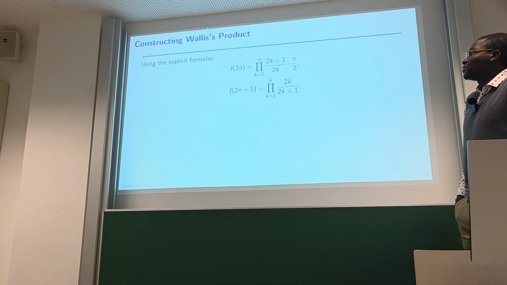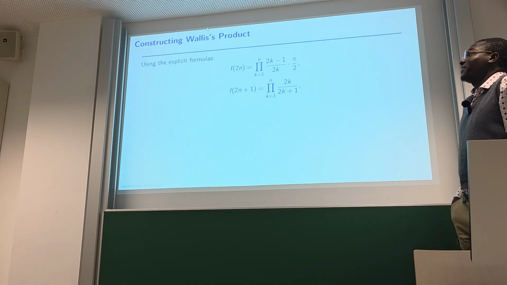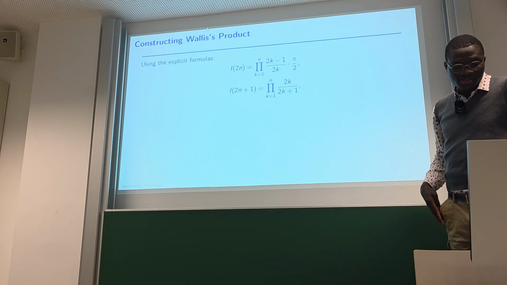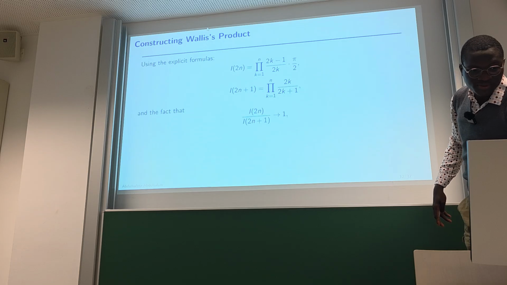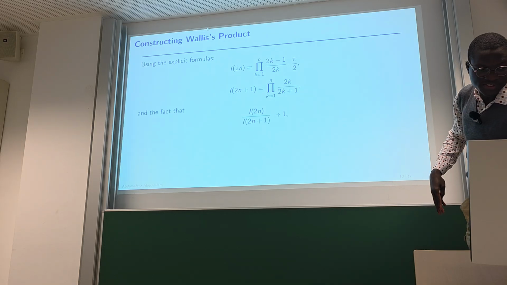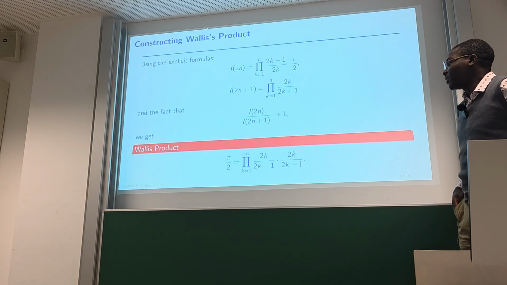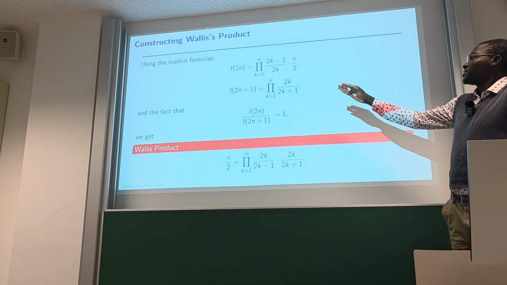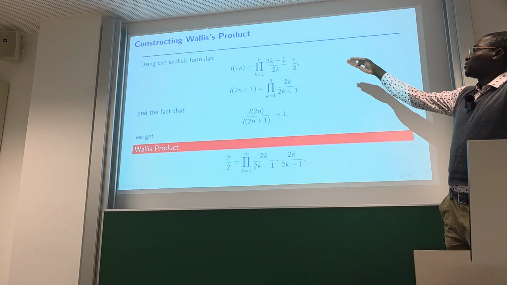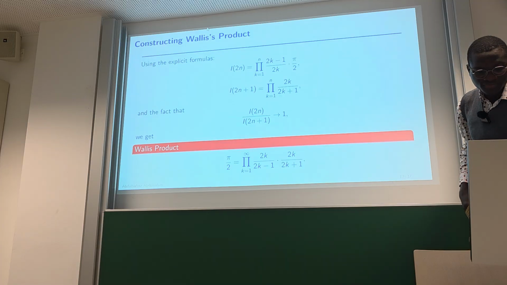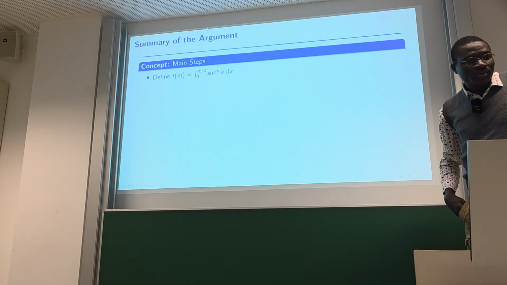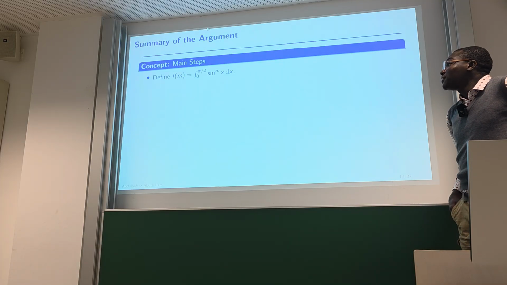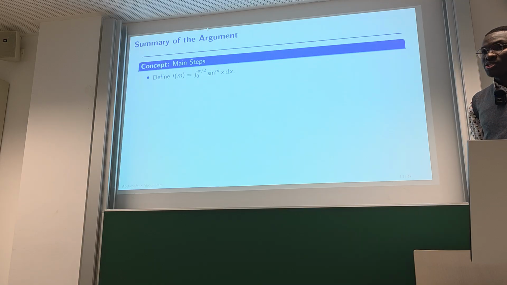From that limit, we could construct Wallis's product by just dividing these two things, and noting this fact. So we get Wallis's product by just dividing these two products. Next, I gave a summary of what we just did.